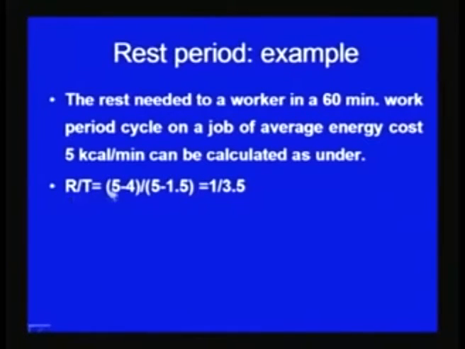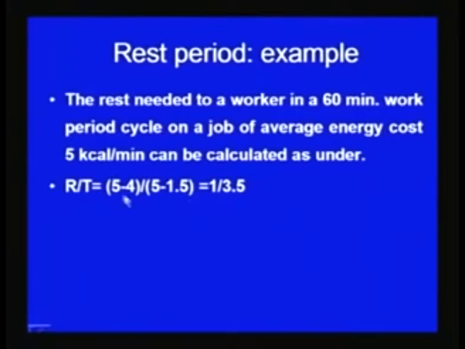Here we can use the same equation, R by T is equal to, where K refers to the 5, that is the energy cost of the work, and 4 is the upper acceptable energy limit, and 5 minus 1.5, where 1.5 kilocalorie per minute is the basal metabolism rate, that is the energy consumption of the worker when the body is at rest.